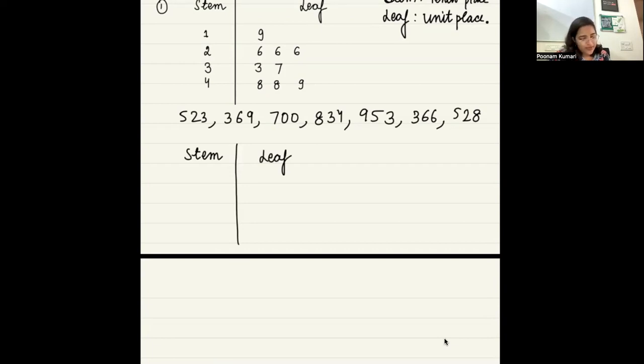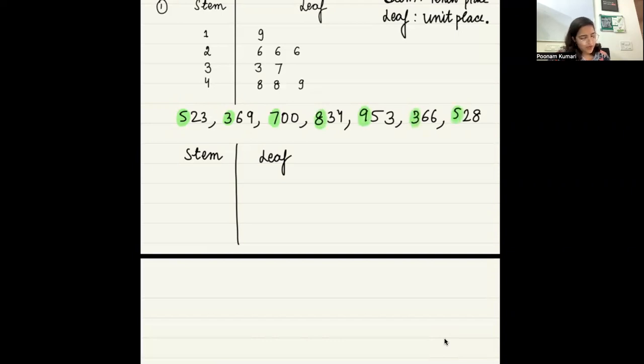Here I see the numbers that I have: 5, 3, 7, 8, 9, 3, and then 5 again, right? So whatever is your 100th place number, that can be your stem, and whatever numbers are there after it, they can act like leaves, right? So what is the first digit that we have? 5, 3, 7, 8, 9, 3, 5.